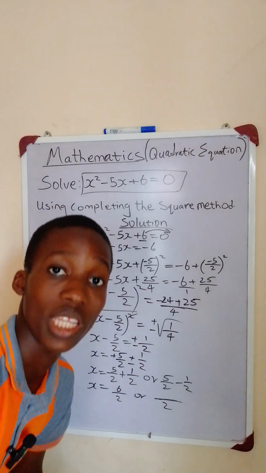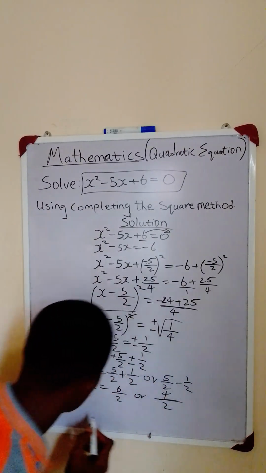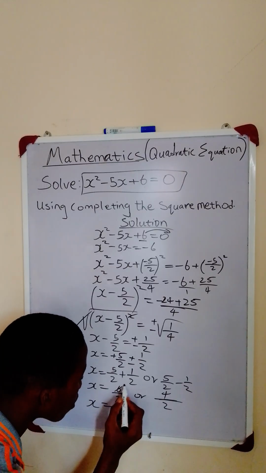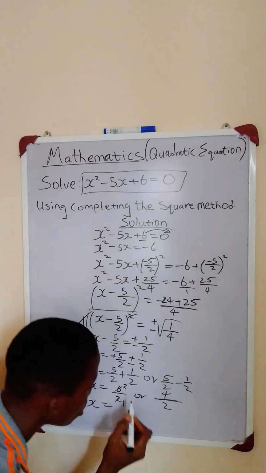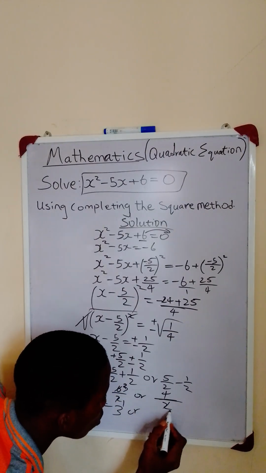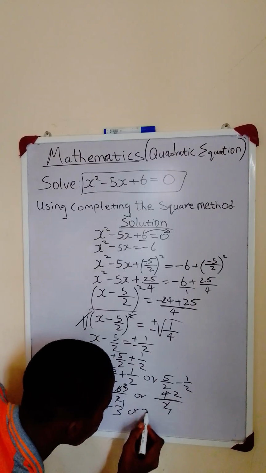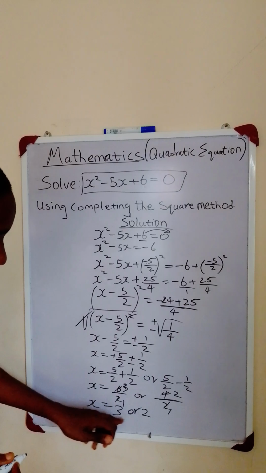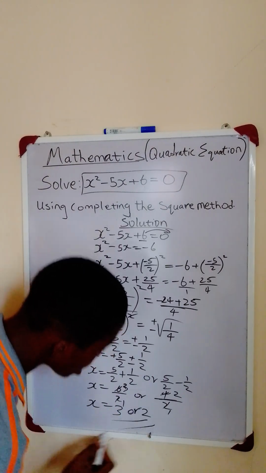Then 5 minus 1 is 4. So you're going to have x equals 6 divided by 2. 6 divided by 2 is 3. That's x equals 3, or when you cancel this, 2. So now we have our answer: x is either 3 or 2. So that is the final answer.